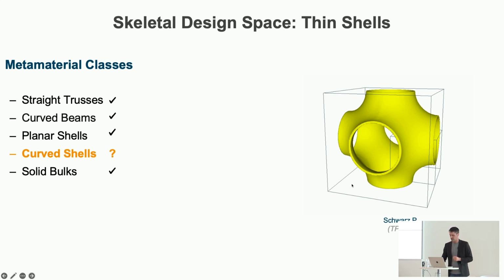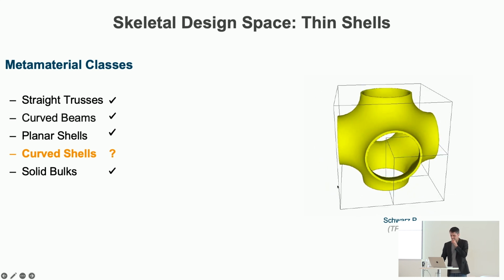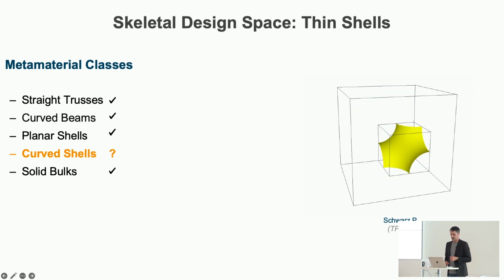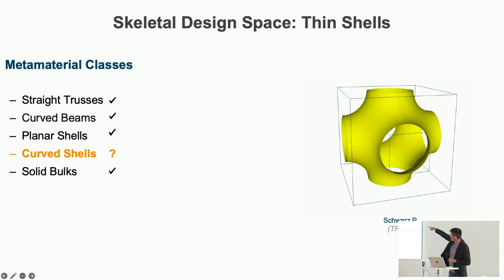And unfortunately, it turned out that this approach did not work as intended. So this is how the structure looks. It's also a very famous structure. And you can see the boundary now has this curved boundary. So that's how it's put together.